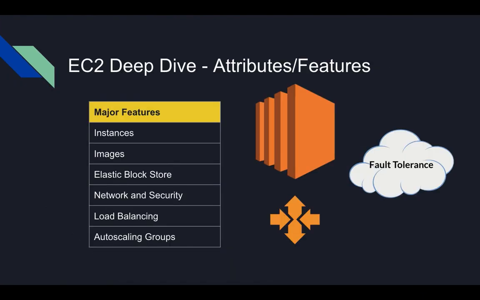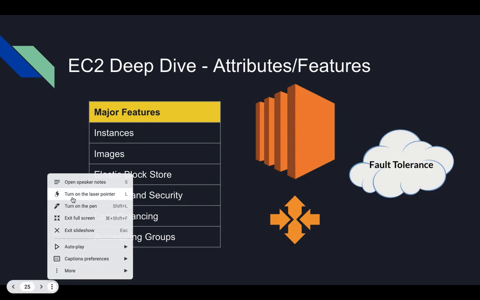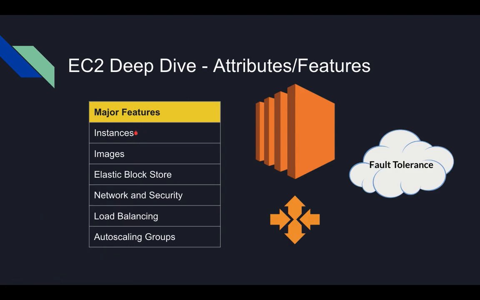Coming back to the important features of EC2, I'll give a quick recap. The Elastic Compute Cloud offering of AWS provides you instances, which are nothing but virtual machines, and images. Whenever I say image, it's a backup, a machine image of your instance. Let us say it's a picture of the instance at a given point of time.